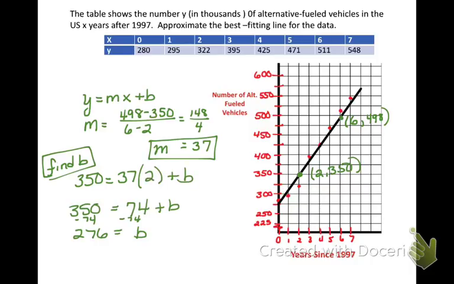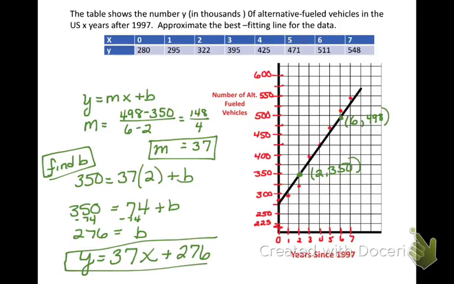So I get 276 equals b. Therefore, the equation of my best fit line would be y equals 37x plus 276. Now, we'll have a discussion about whether this is really the best fit line, because if I had chosen 2 other points, it would be different.